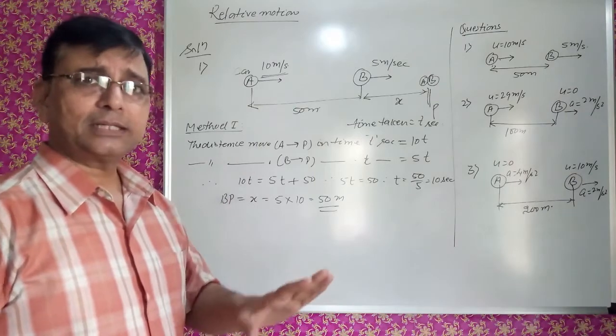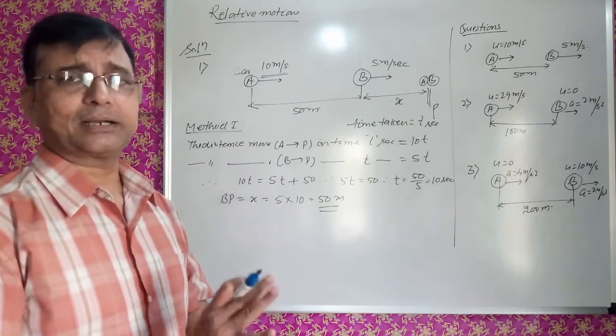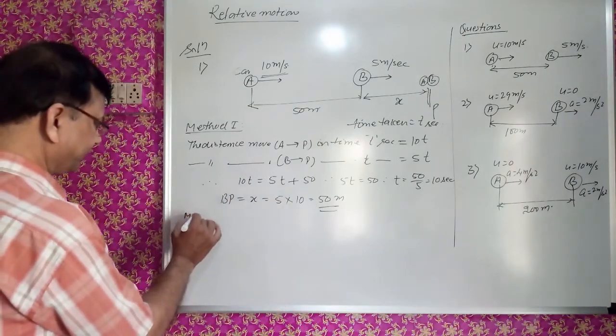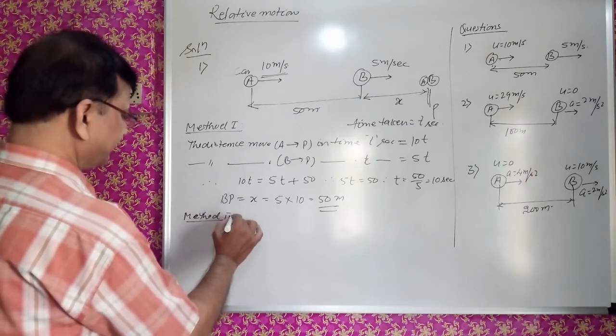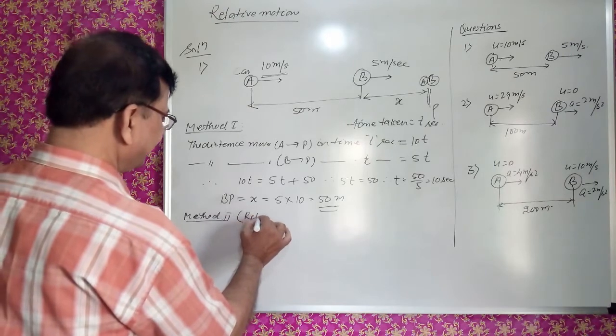Now we will use the relative velocity method. So the second method, method 2, is called the relative velocity method.